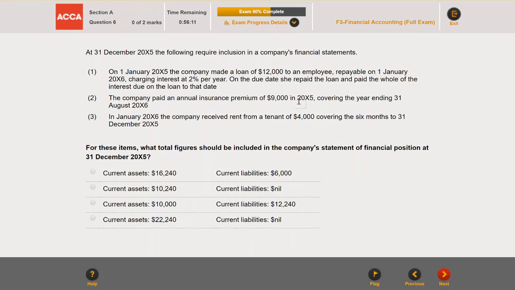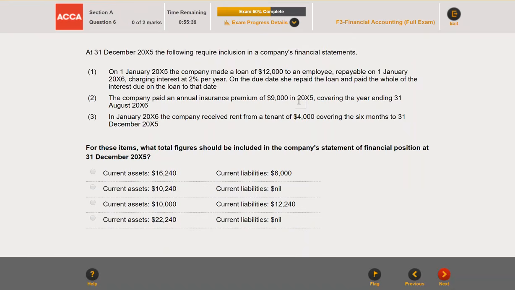For these items, what total figure should be included in company's statement of financial position as at 31st December 2015? At 31st December 2015, the following requires inclusion in company's financial statements. On 1st January 2015, the company made a loan of 12,000 to an employee, payable on 1st January 2016, charging interest at 22% per year. On the due date, she repaid the loan and paid the whole of the interest due on the loan to that date.